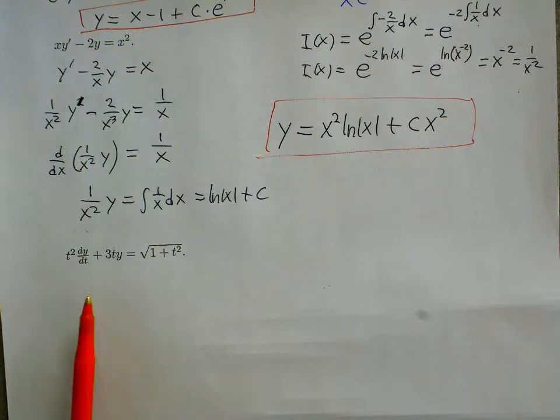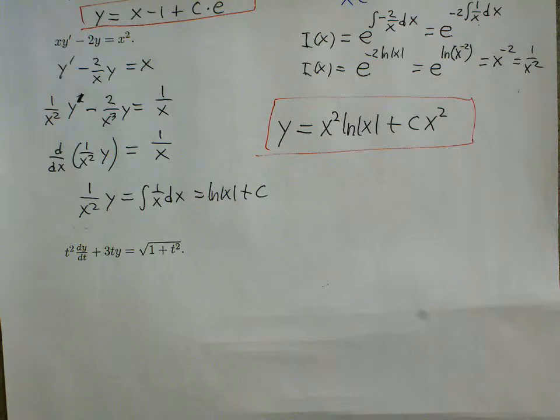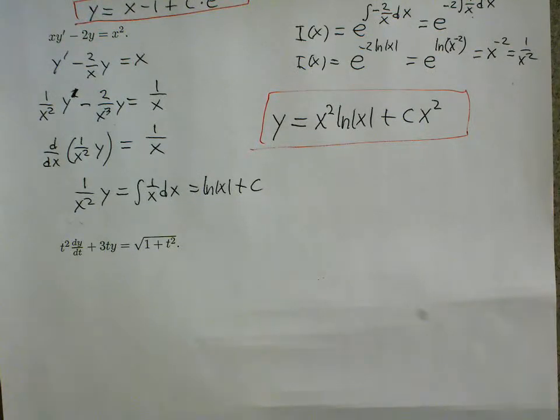So along with dy, dt, and y, we have functions of t instead of functions of x, but it's the same process. Okay, this is not in the form that we want it.